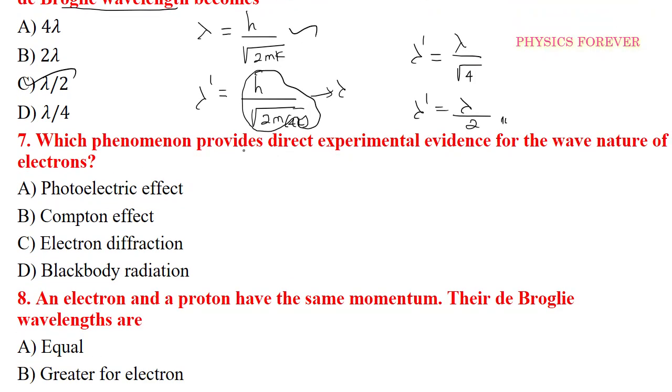Which phenomenon provides direct experimental evidence for the wave nature of electrons? Electron diffraction.